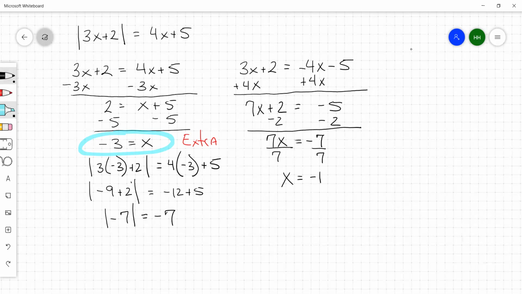And you still have to check the other one. You still got to check this negative 1. So we got the absolute value of 3 times negative 1 plus 2 equal to 4 times negative 1 plus 5. So that's the absolute value of negative 3 plus 2 equals negative 4 plus 5.